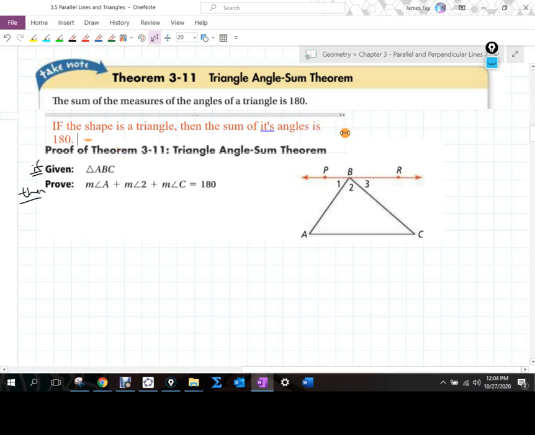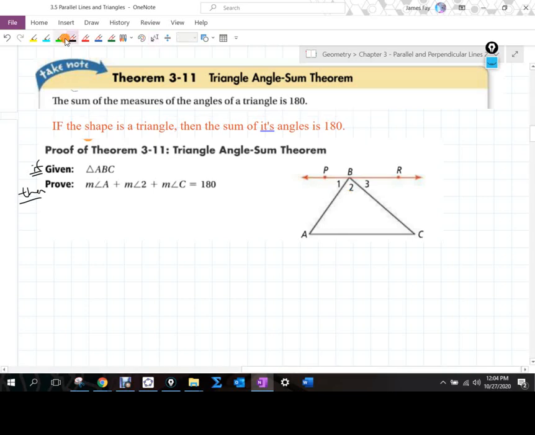My hope is that you can see that it says exactly what the theorem in yellow says, okay, or in that yellow box, okay? If the shape is a triangle, then the sum of its angles is 180. It says the same thing as the sum of the measures of the angles of a triangle is 180. Okay, so why do I do that?